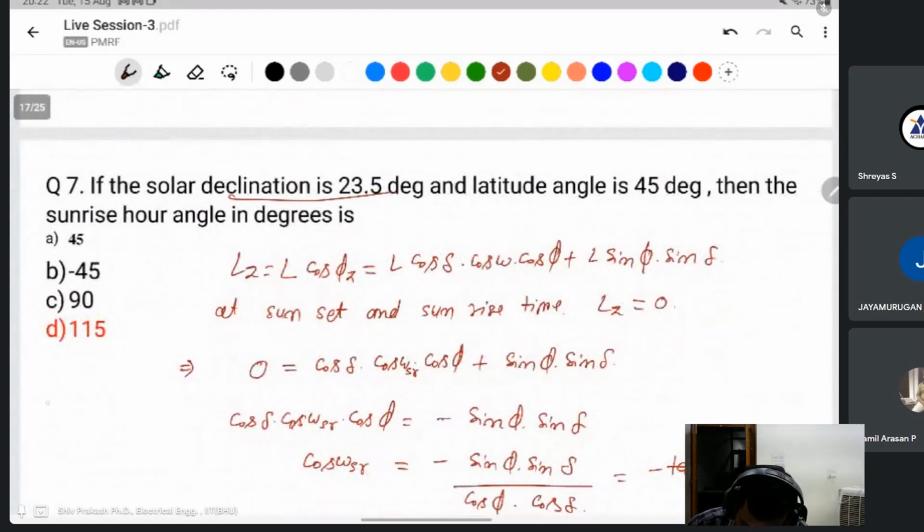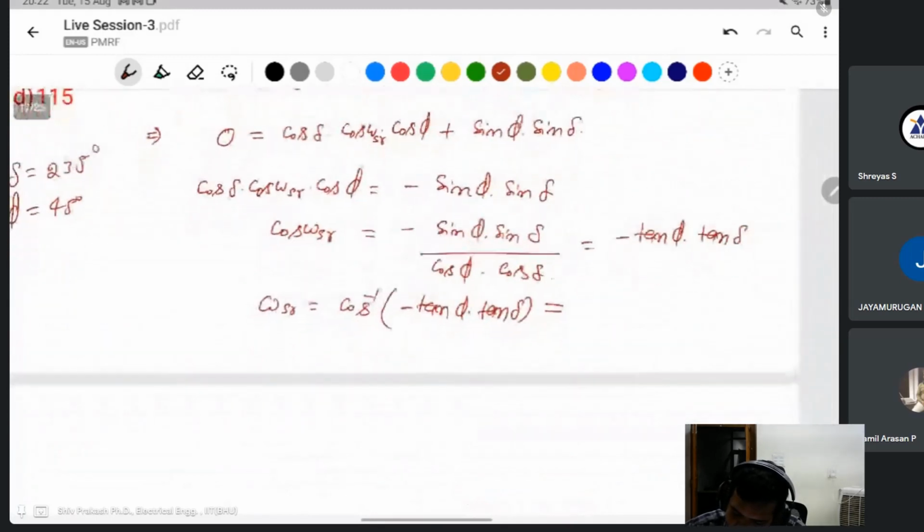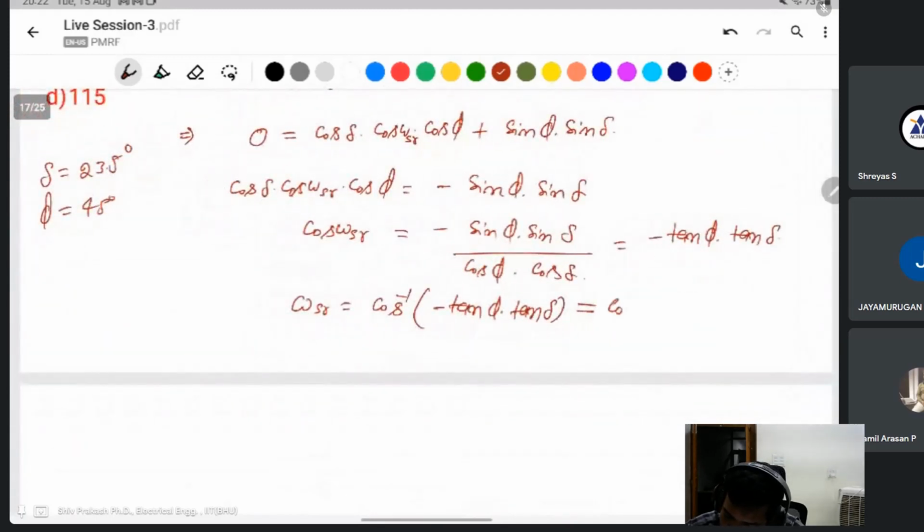Declination angle delta is given as 23.5 degrees and the latitude angle phi is 45 degrees. You can put here minus tan 45, which is 1, into tan 23.5.